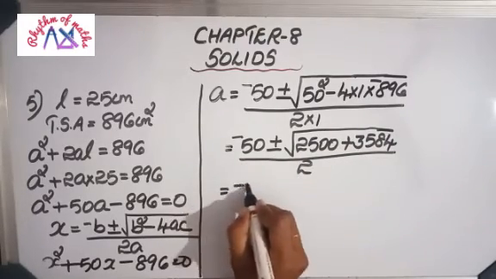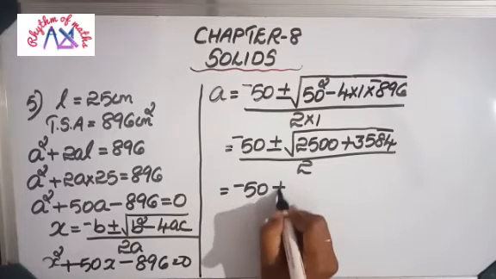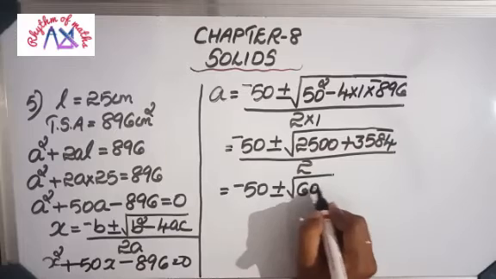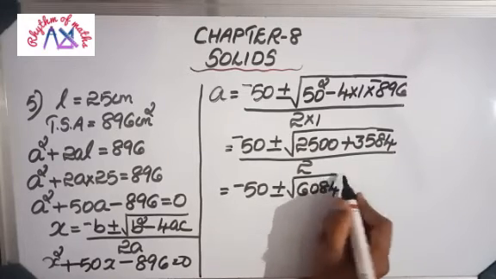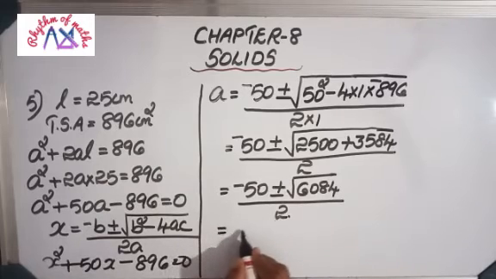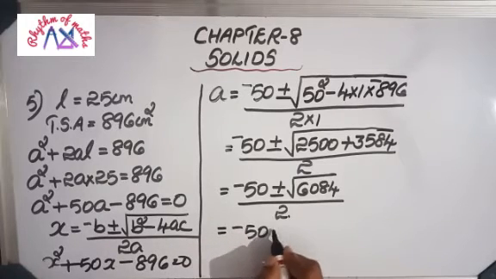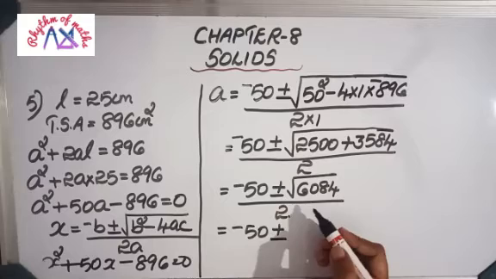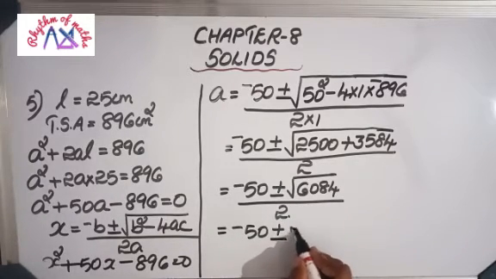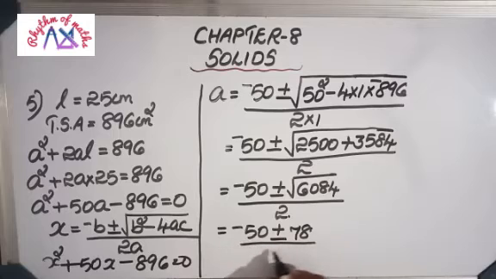That is equal to minus 50 plus or minus root of 6084, adding, whole divided by 2. That is equal to minus 50 plus or minus root of 6084. The answer is 78, divided by 2. From this we can split this equation.